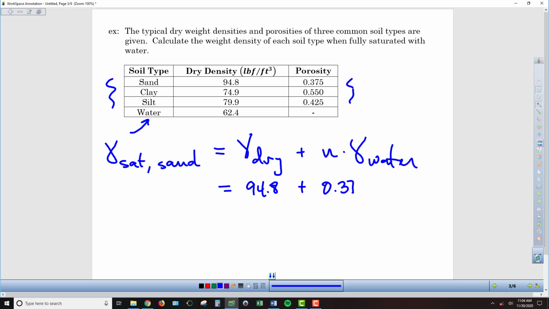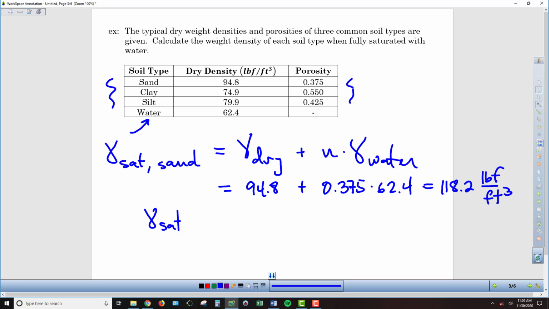In the case of sand, it's 37.5% empty pores. So if we fill those with water, we multiply by the density of water, 62.4, and we get an answer of 118.2 pound force per cubic foot. Again, a force per unit of volume. And we can do the same type of calculation for clay and as well for silt.